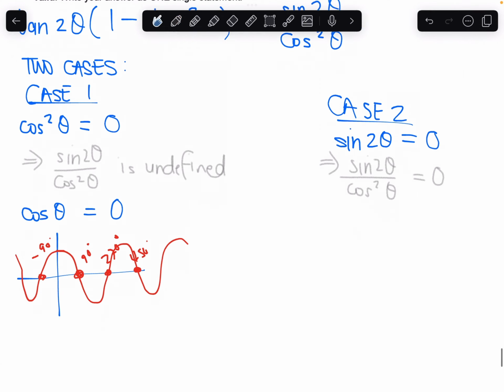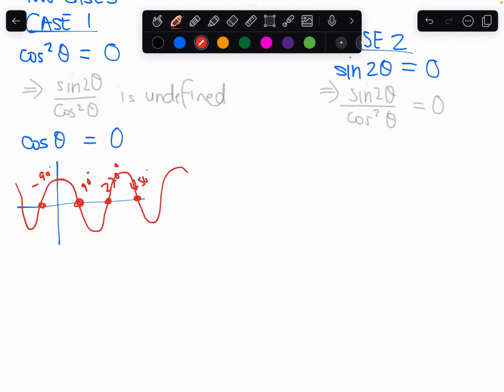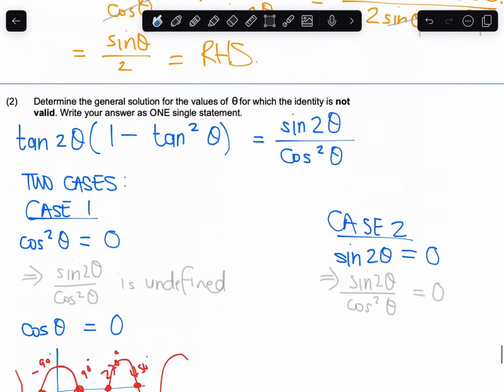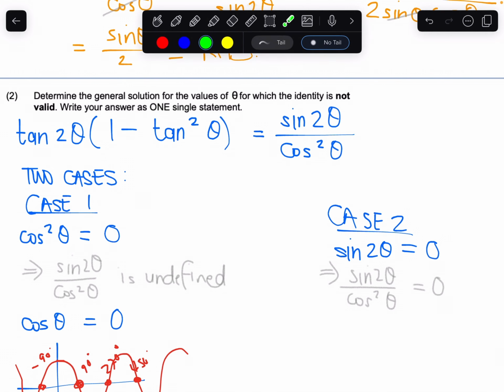So pretty much the solution here is theta is 90 degrees plus K180, right? So that's the one set of solutions. We'll come back to this situation where we need to write it as one single statement.